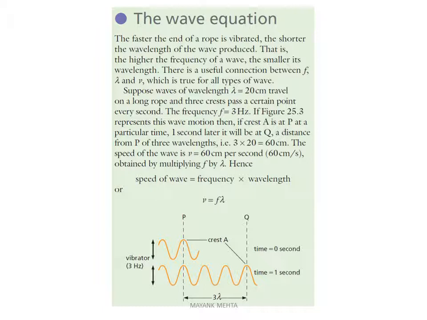So the frequency is 3 Hz, and if figure 25.3 represents this wave motion, then if crest A is at P at a particular time, then 1 second later it will be at Q. So the distance from P is 3 wavelengths, equal to 3 into 20, that means 60 centimeter. That means the speed of the wave is 60 centimeter per second, obtained by multiplying f by lambda.